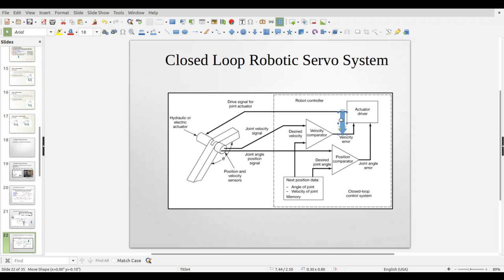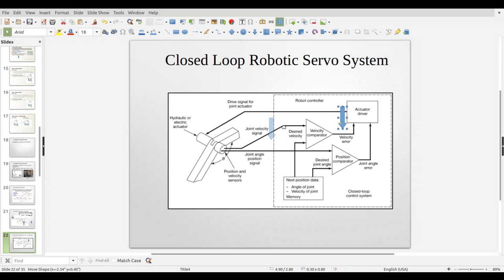All right, so here we have two errors, and we're feeding both of those errors up here into what they call the actuator driver, but this is actually like our controller piece. Actually, this whole dotted rectangle here is the controller. So this is all happening inside the controller. We have this comparator here as our summing junction for the velocity.